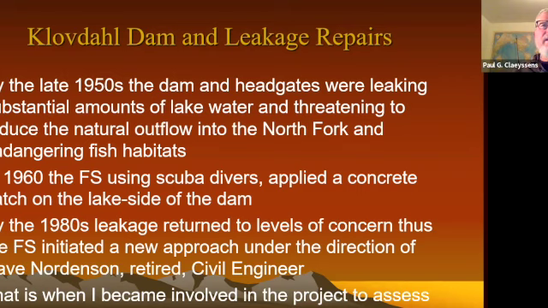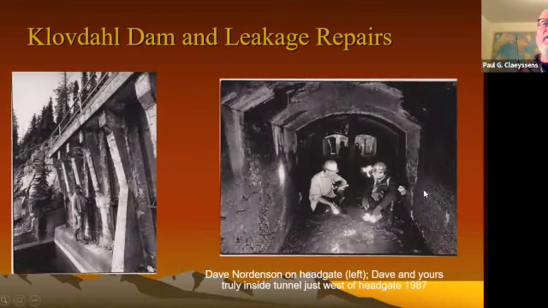So in 1960, the Forest Service, working with scuba divers, applied concrete patches on the lakeside of the dam. By the 1980s, the leakage had returned significantly. And this is myself and an engineer, Dave Nordenson.